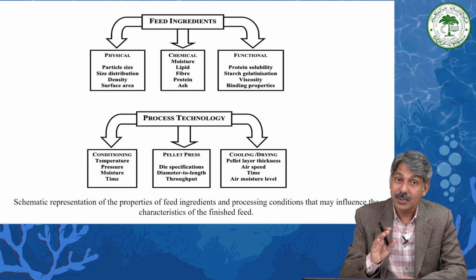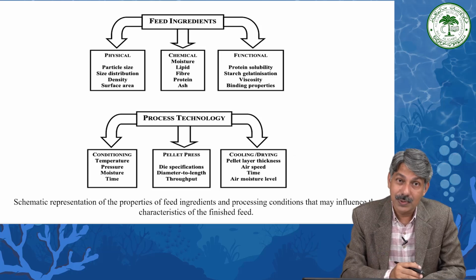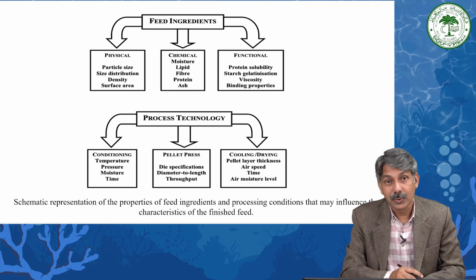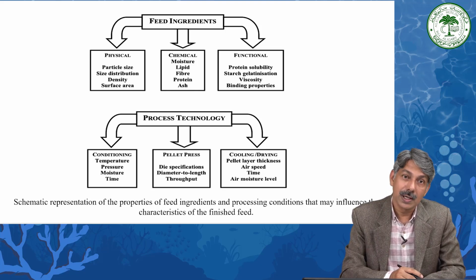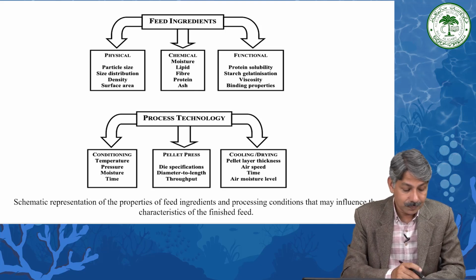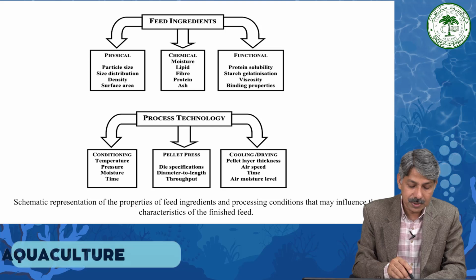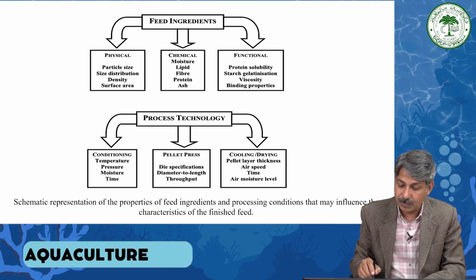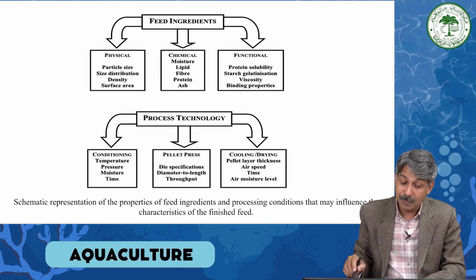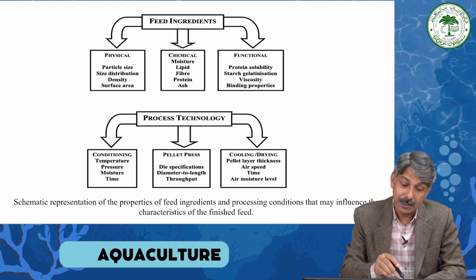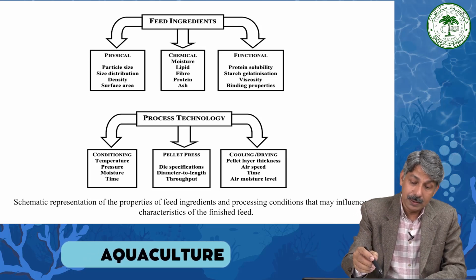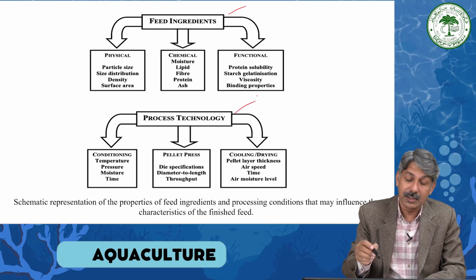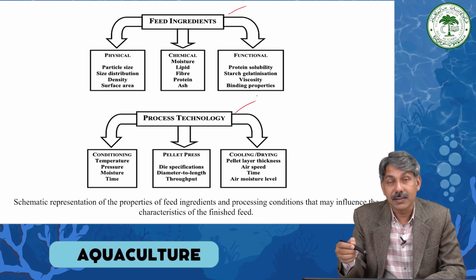So that should be standardized first, and there should be certain SOPs so that you get pellets of similar composition again and again for a particular life stage of the fish. So this is a representation of the properties of feed ingredients and processing conditions that may influence the characteristics of the finished feed.